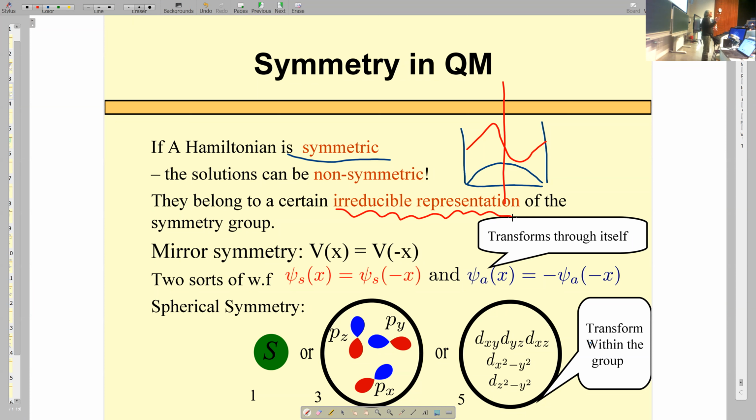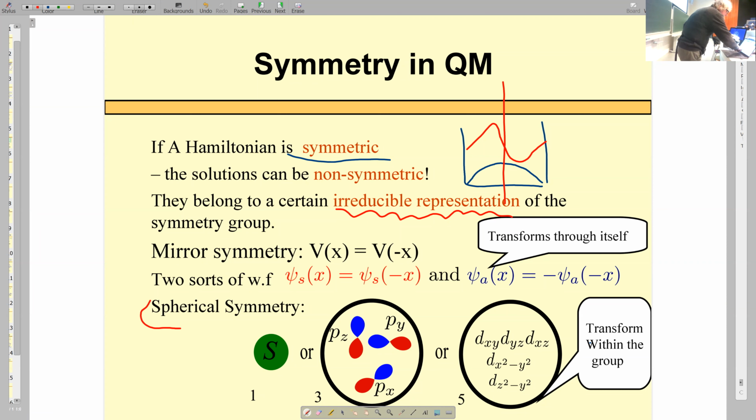Mirror symmetry is a simple group, it has only one element. So there is a simple set of irreducible representations, either symmetric or anti-symmetric. Let us look at something which you know, but which is way more complex.